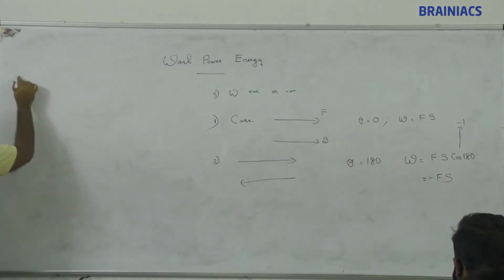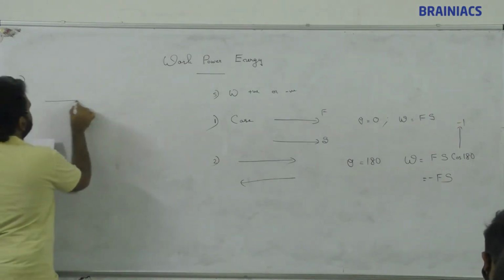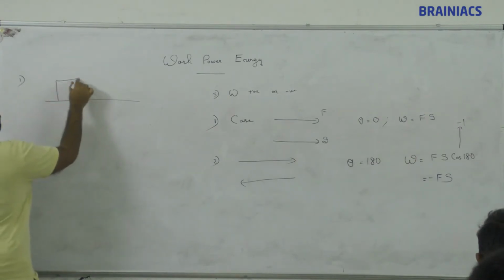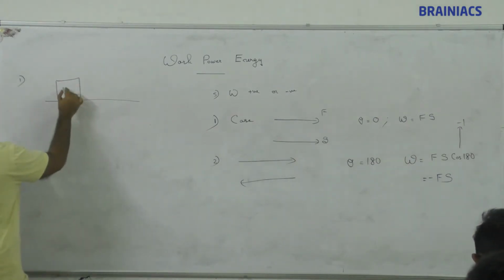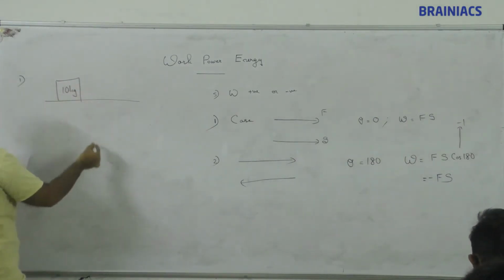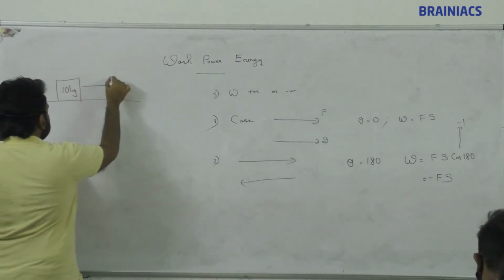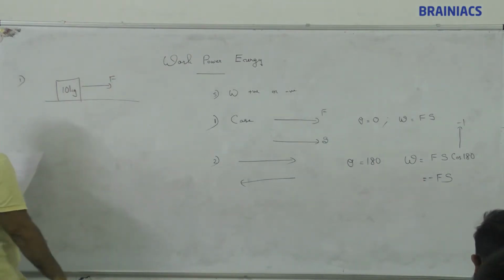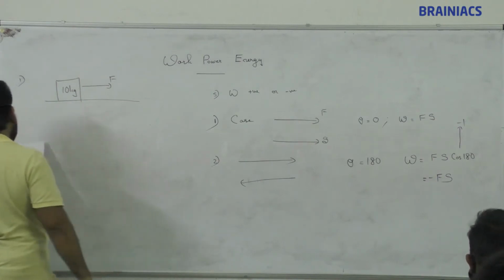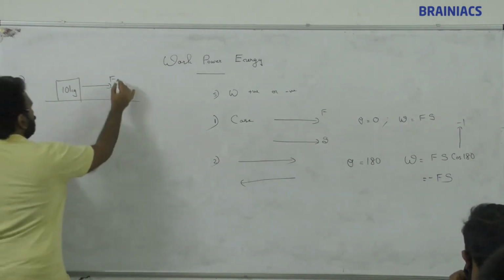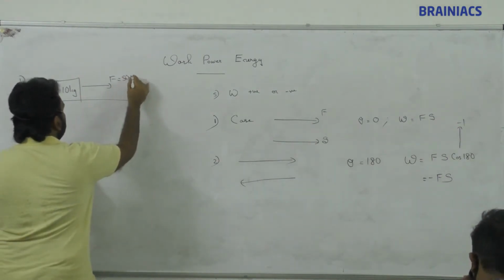So question number 1. This is a mass of 10 kg and force is acting in this direction. The force is equal to 50 Newton.